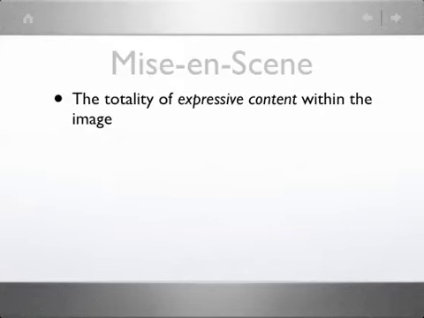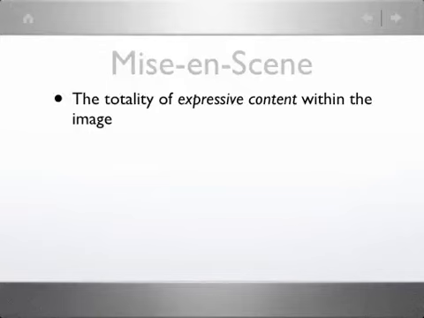Sikoff, the author of our textbook, uses this phraseology to describe mise en scène: the totality of expressive content within the image. So everything that we can see in a film image that has expressive value.